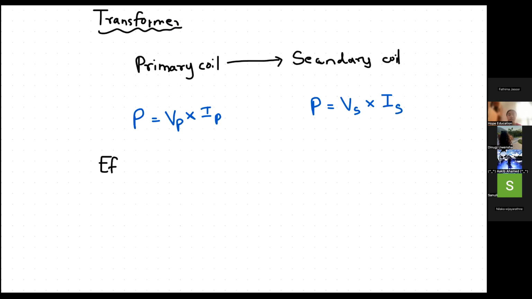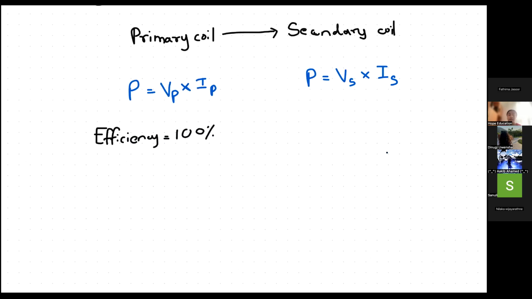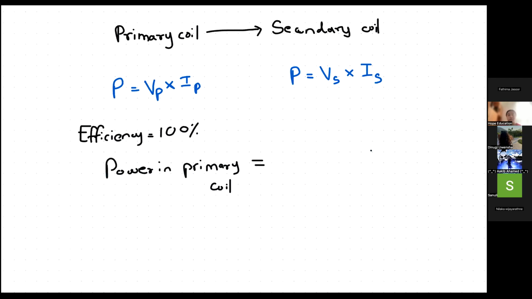We assume that the efficiency is 100%. If the efficiency is 100%, then the power in the primary coil will be equal to the power in the secondary coil.